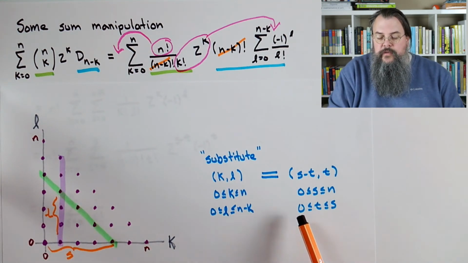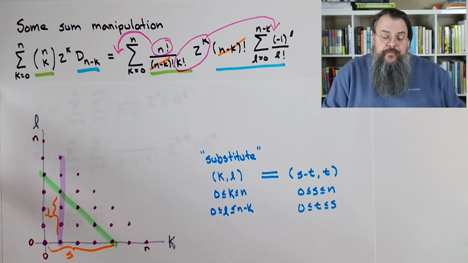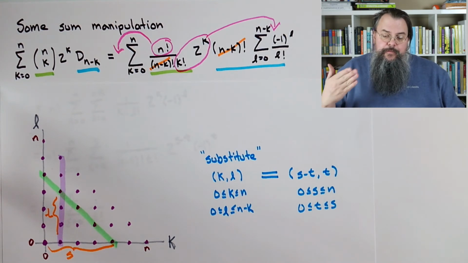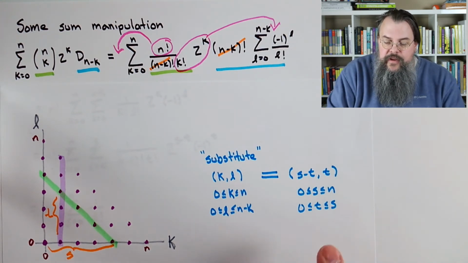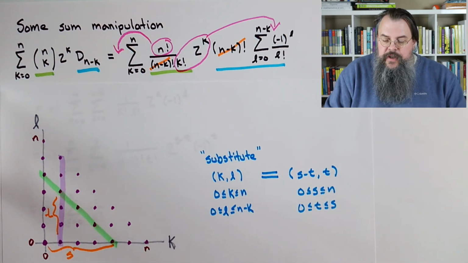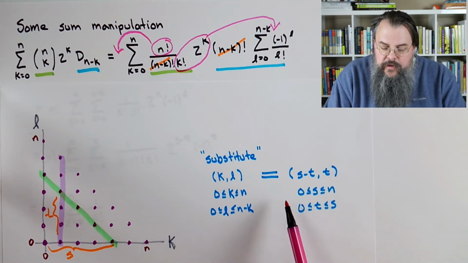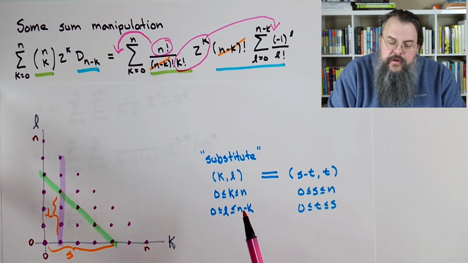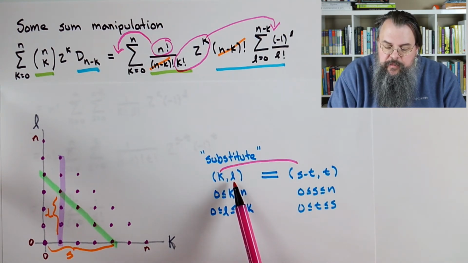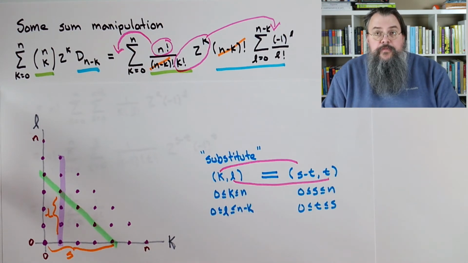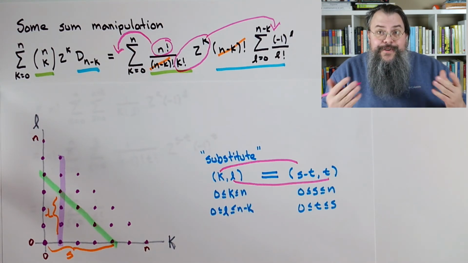And so T goes from 0 to S. So by carrying out this particular substitution, we can get some nice things going on. Now this tells us here what's happening to our indices. Where do they go? And notice we also can say, look, here we know K is S minus T and L is T. So we're going to carry all that through.